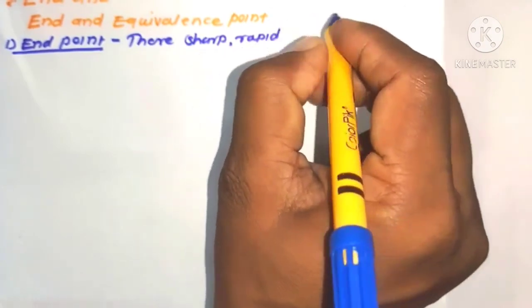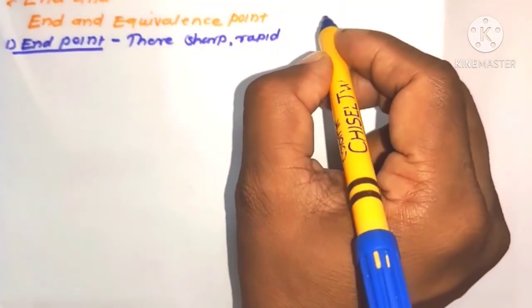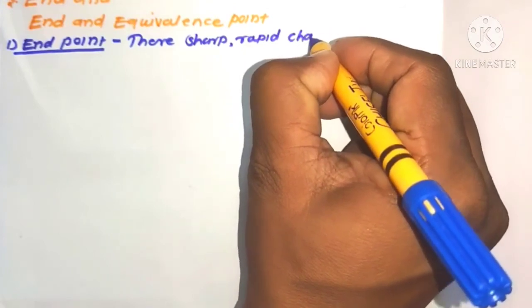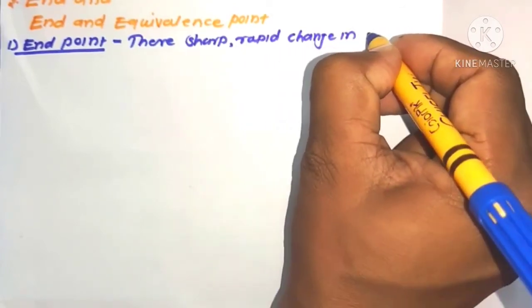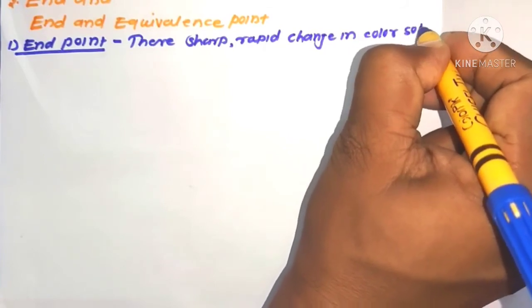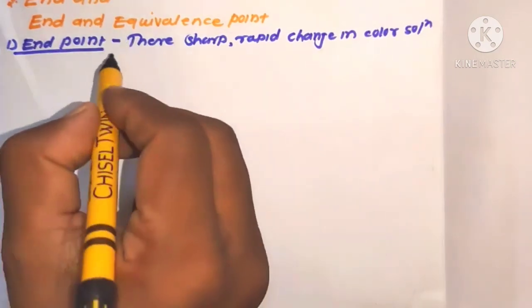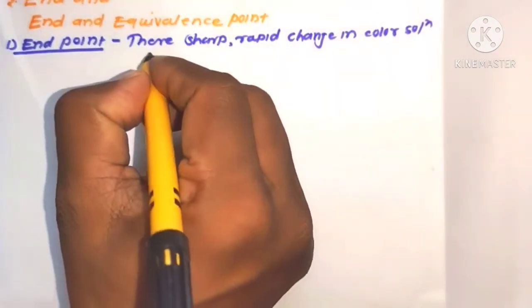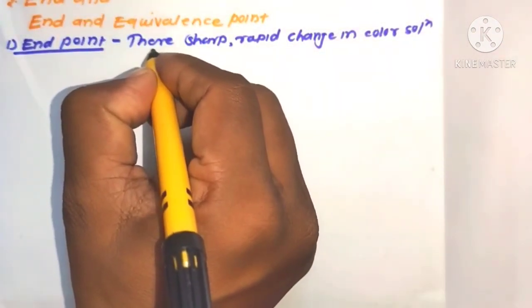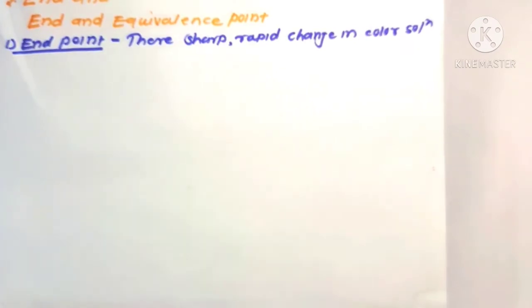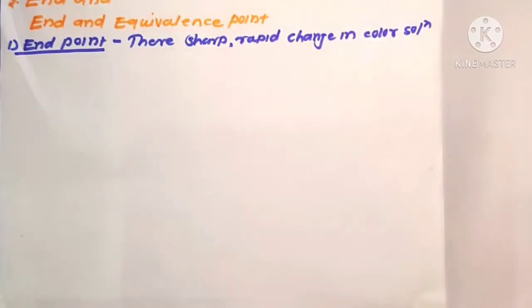This point at which the color of the solution changes rapidly, indicating completion of the reaction between acid and base, is called the end point of the titration.